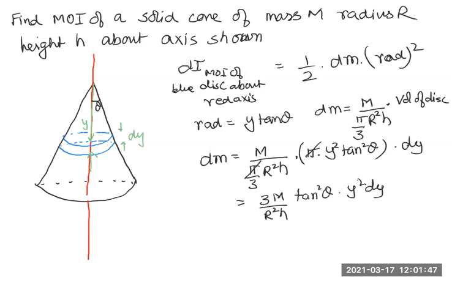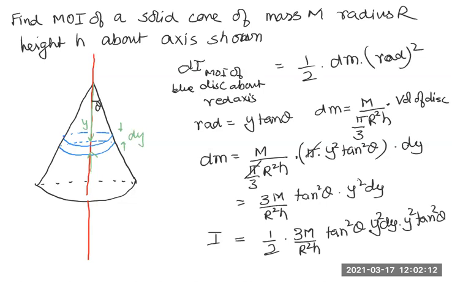I will therefore be equal to half into dm, which is 3m by r square h tan square theta into y square dy, into radius square, y square tan square theta.